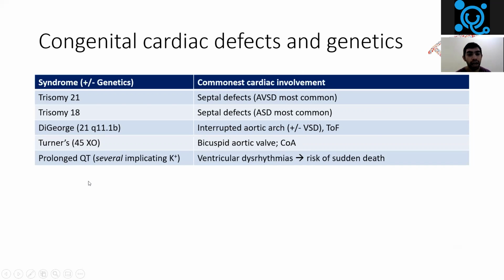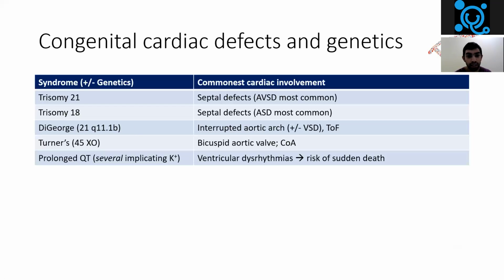Yeah. And prolonged QT syndrome, there are a variety of mutations that can affect a variety of channels on the cardiac muscle. Most tend to implicate potassium channels. The key thing to note with that is if you have prolonged QT syndrome, you need to bear in mind that there is sudden risk of cardiac death due to ventricular dysrhythmias in particular.